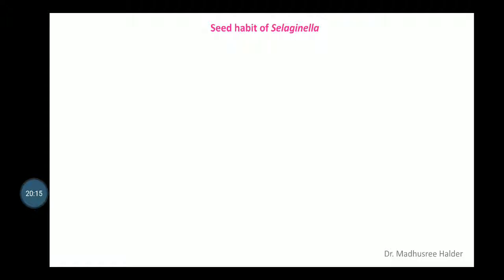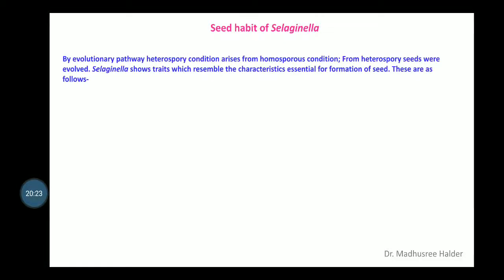Selaginella actually shows some characters of seed habit. By evolutionary pathway, the heterospory condition arises from the homosporous condition. Heterospory means two types of spores. Homosporous means all spores are alike. And from heterospory, seeds are evolved.